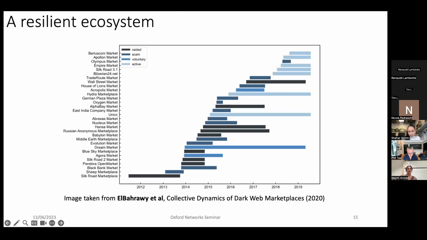There was a paper studying this a couple of years ago, where they were looking at all these different dark web marketplaces and when they were formed and shut down. And you see the bars are when they were formed, and then when they either shut down voluntarily or they were raided or something. And there's this gradual shift of there's always one that pops up to take its place, because there must be some sort of demand in there.